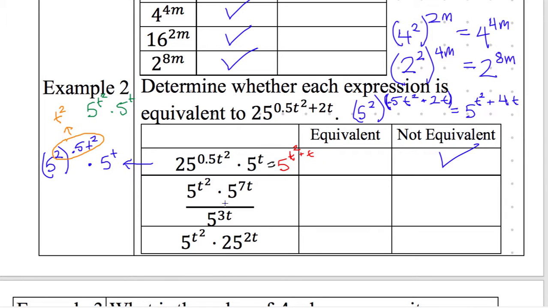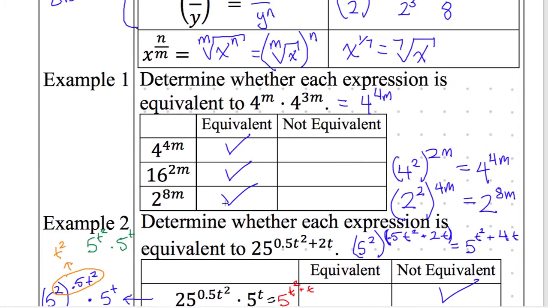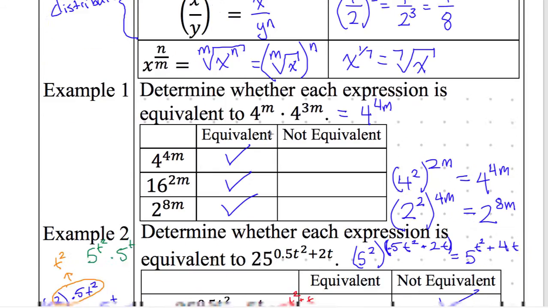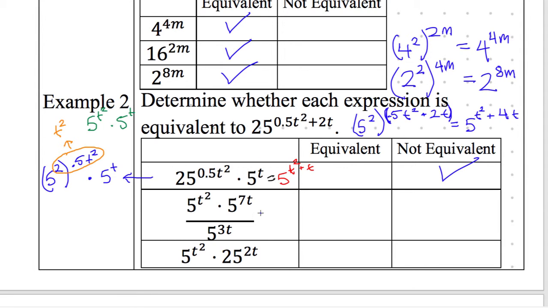Now I'm going to be using these rules of exponents. When I multiply, I add the exponents. When I divide, I subtract the exponents. I'm going to do that all at the same time. This is now going to be 5 to the power of 4.